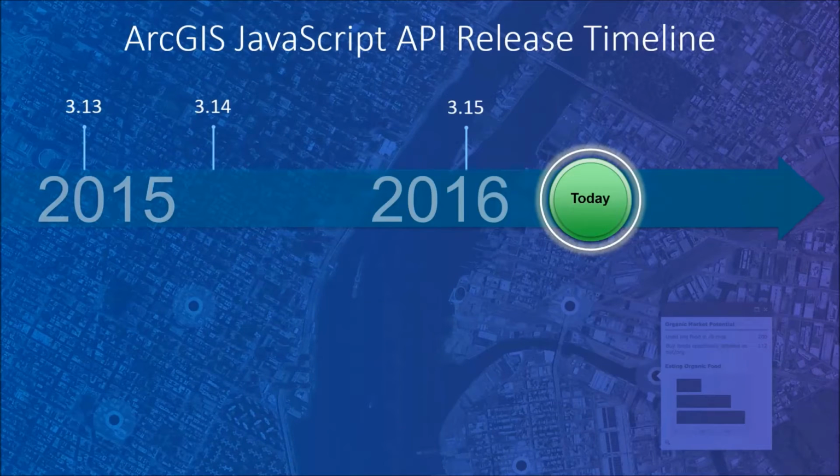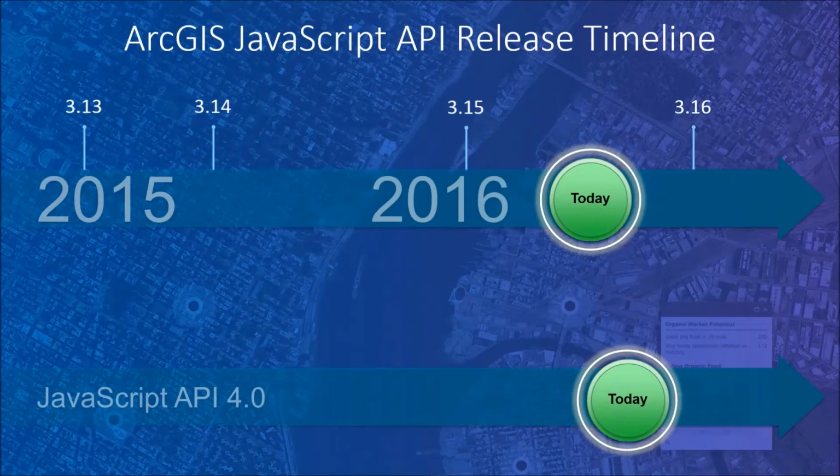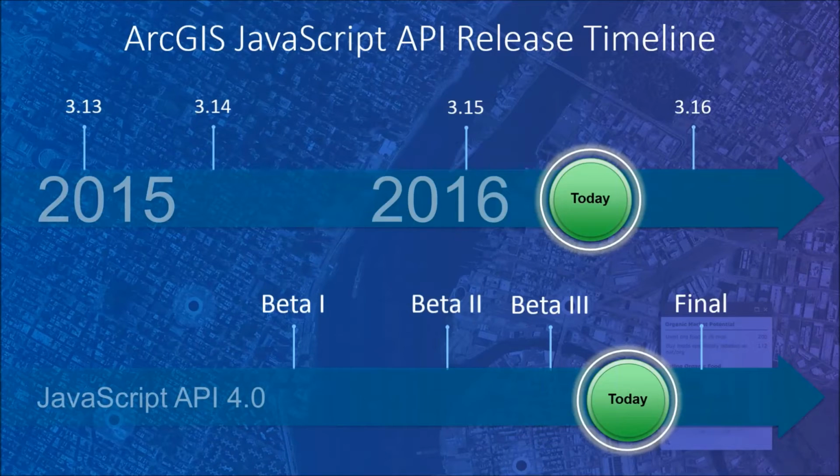So we're at 3.15 now. It was released, I think, in December, and 3.16 will be coming out in the next couple of months. Betas 1 and 2 are done and gone. We're at beta 3 now for the 4.0 API, and the final release will be out relatively soon.